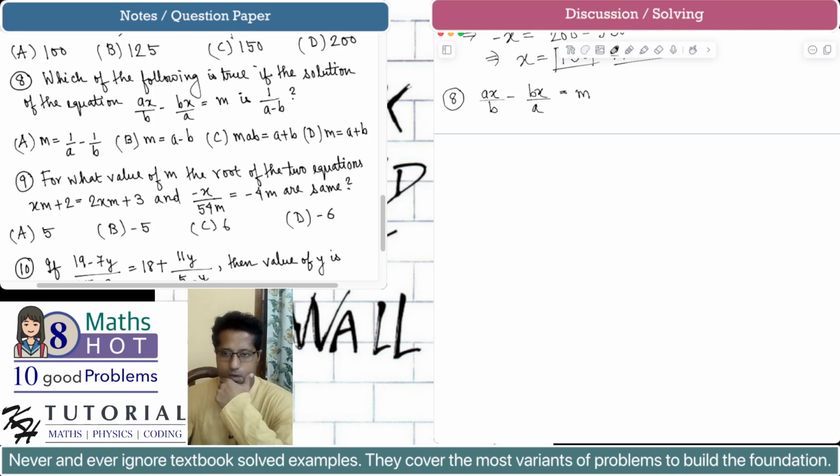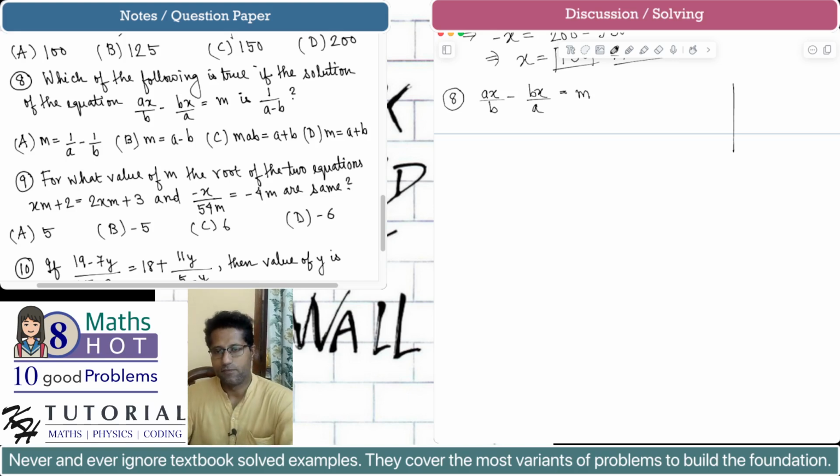I hope you know that the LCM of two constants whose values you do not know, represented as literals, in this case a and b, but which actually represent some constant values that do not change, is always ab. The LCM of a and b will always be ab.